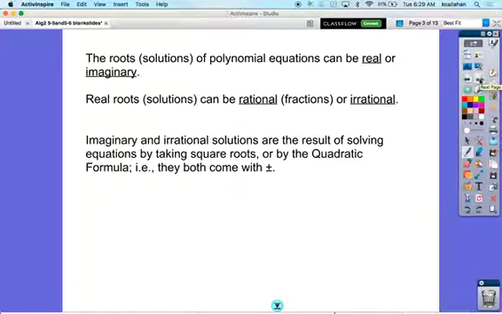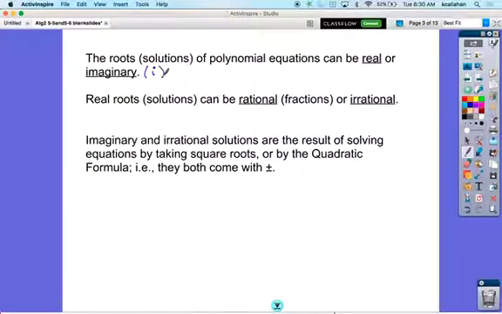So remember that another term for the solutions to an equation is the roots. And the roots of polynomial equations can be real or they can be imaginary. Okay, we know what that means. That means that they contain i, which is the square root of -1.